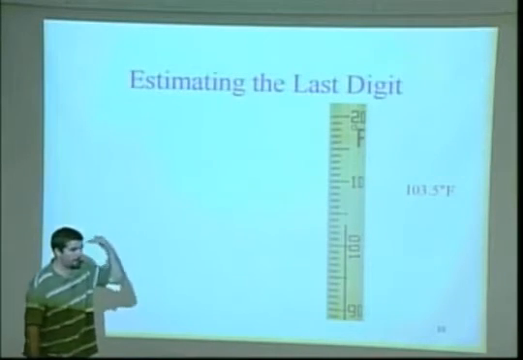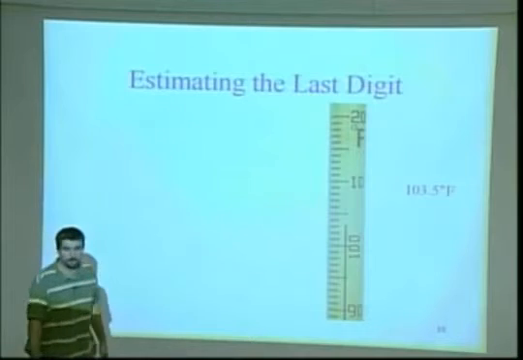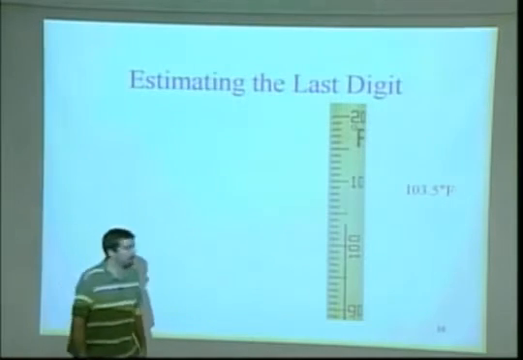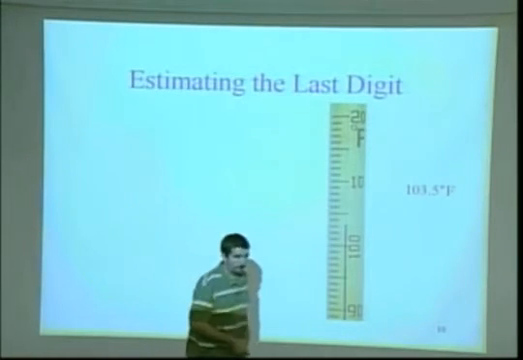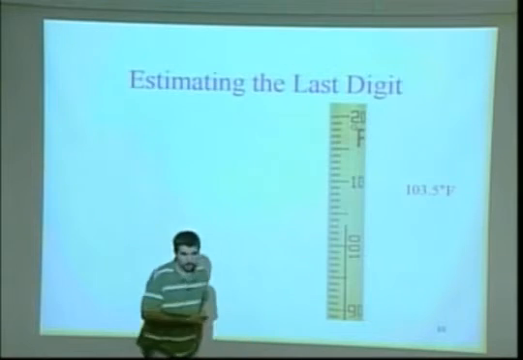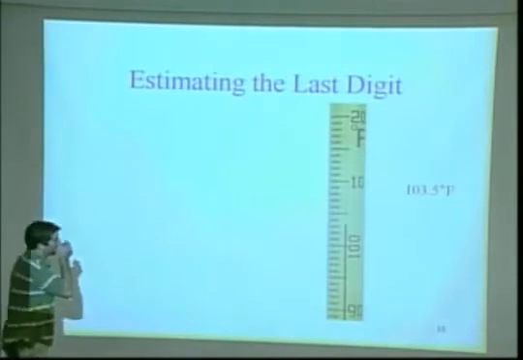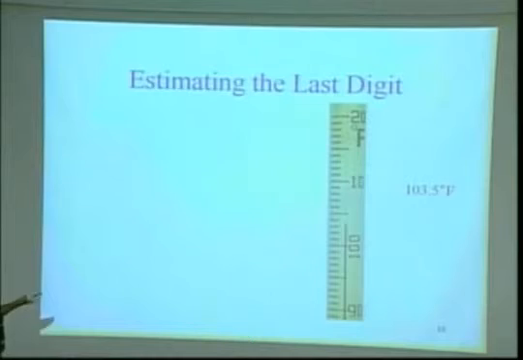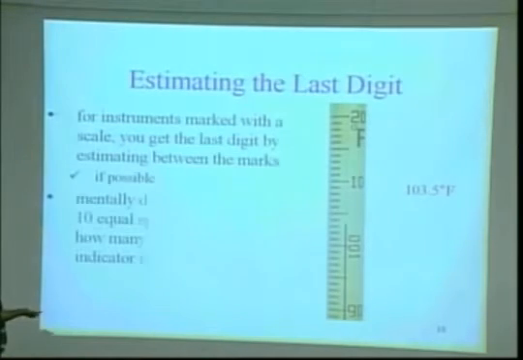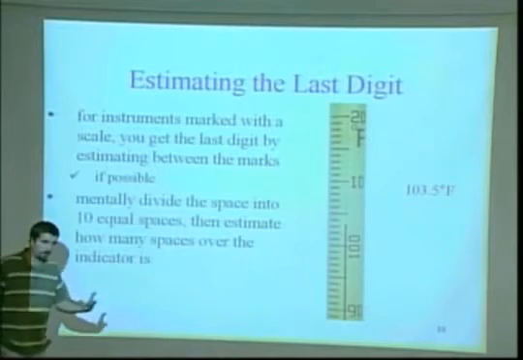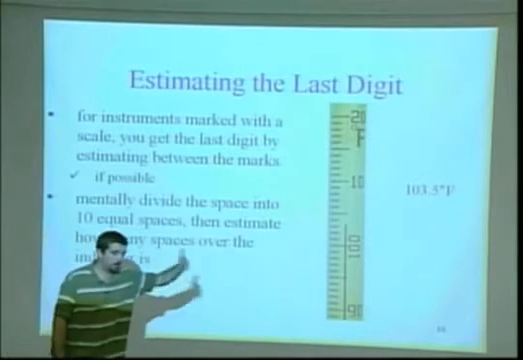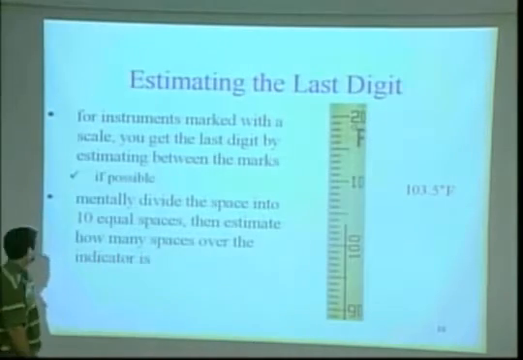If you divide it in your head, it's about halfway between 103 and 104, so you write 103.5. You wouldn't just write 103. If it was 1/3 of the way up, 103.3. Just get as close as you can given the circumstances. That's how you're going to read the instruments that you use in lab, and how far you're going to take your measurements. Okay?